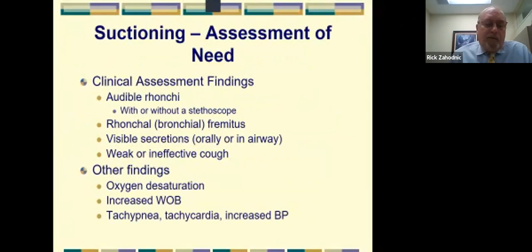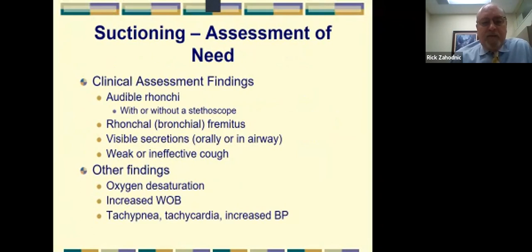One of the things we always should do is some sort of assessment of whether there's a need for suctioning. If there's not an indication for suctioning, then the patient should not be suctioned. Some findings we may have are coarse crackles, or what we used to call rhonchi, either audibly from the doorway or using a stethoscope.